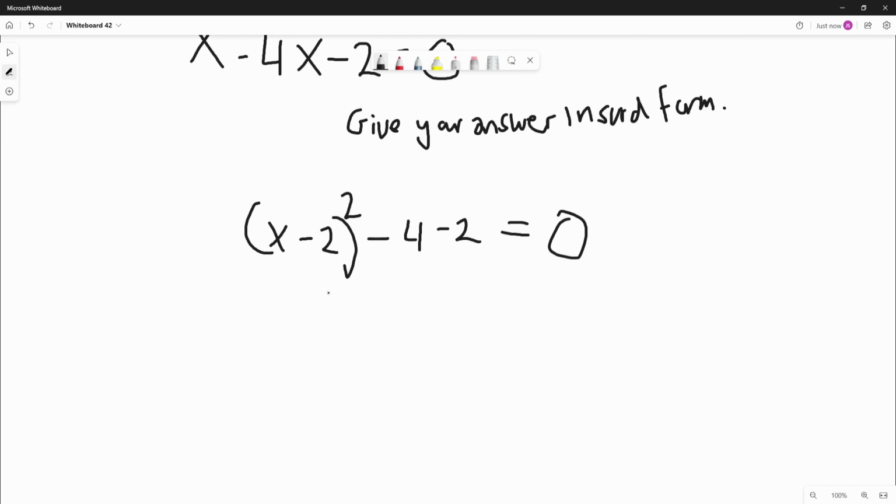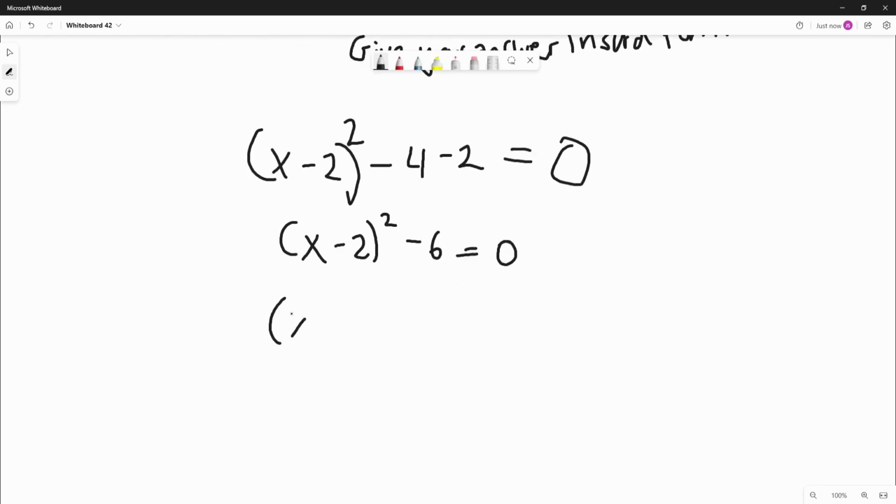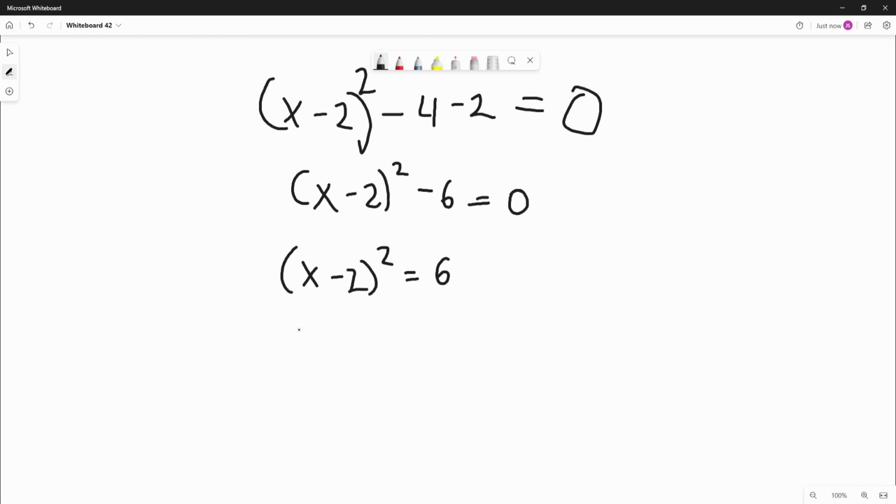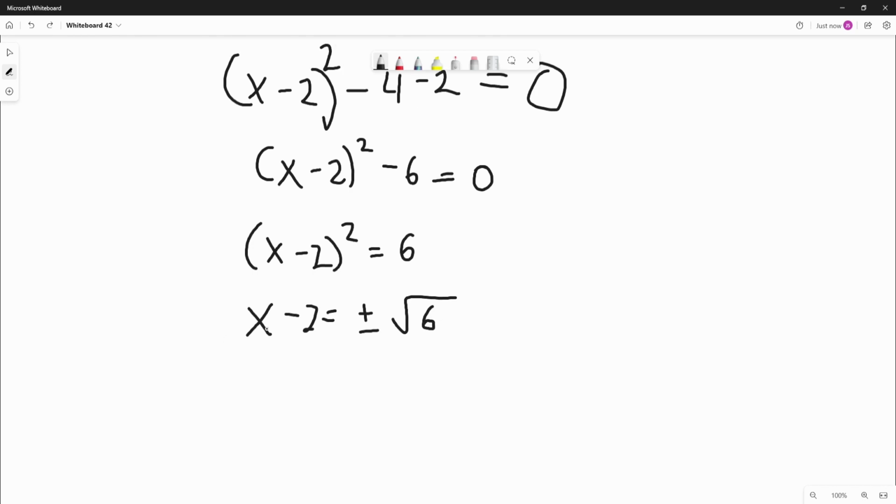So simplify it down. (x minus 2) squared minus 6 equals 0. Plus 6 both sides. You're going to get (x minus 2) squared equals 6. You're going to square root both sides. You're going to get x minus 2 equals plus or minus square root of 6. And then you're going to add 2 both sides.